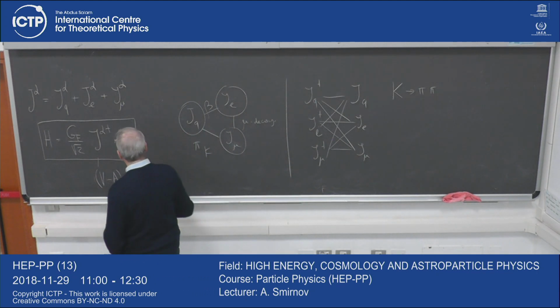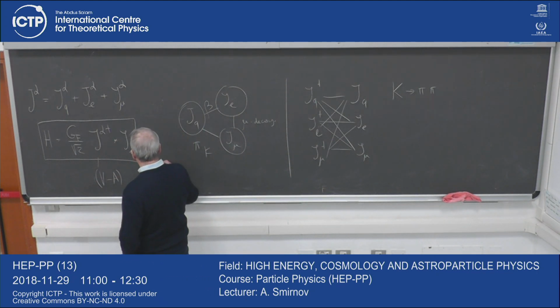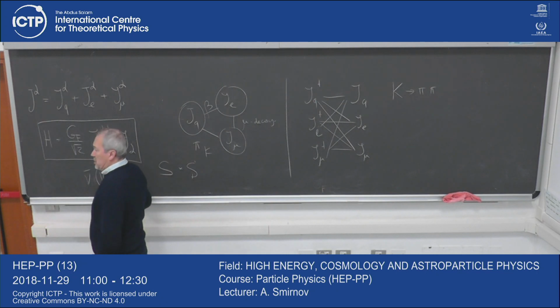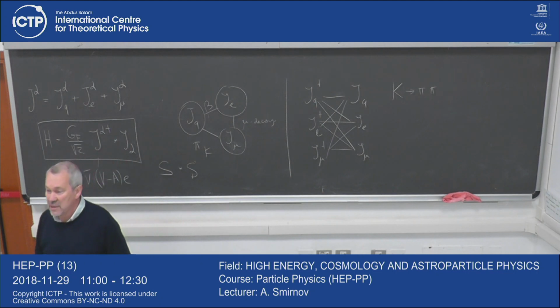For instance, instead of currents, you may have just scalar times scalar, which means that inside this, for instance, neutrino and electron, you will have not V minus A, but just scalar structure. So there is no alpha index here, or pseudo-scalar, or tensor structure.